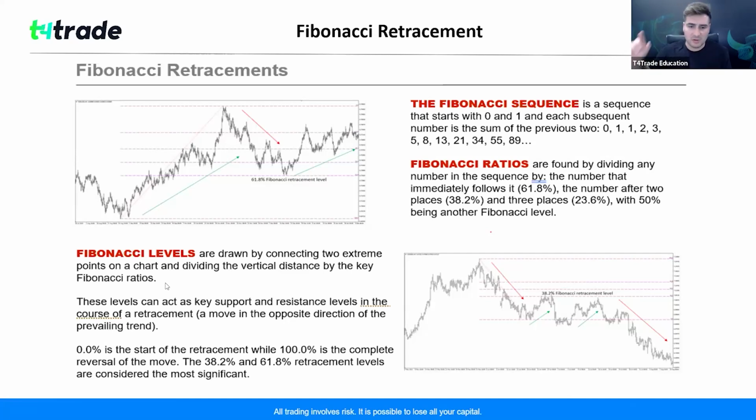So in a sense, you draw from the bottom to the top if the market is moving to the upside anyways. So you connect two extreme points, and the Fibonacci retracement tool spits out the key levels. What we need to do then is see whether those levels are valid, and how you can see whether those levels that have been spewed out are valid.